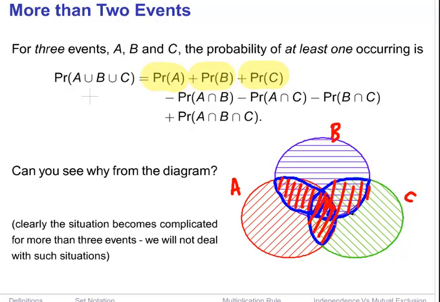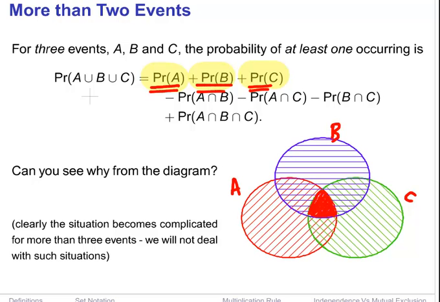Now you notice that when we started working this first line, we have counted this center part right in the middle here. I'm just going to shade it in. This area here, we have counted in 3 times.